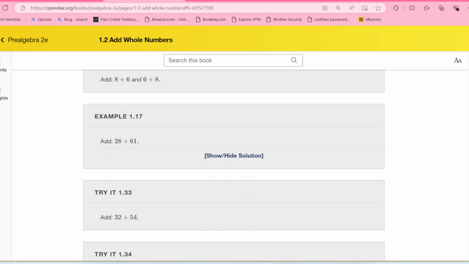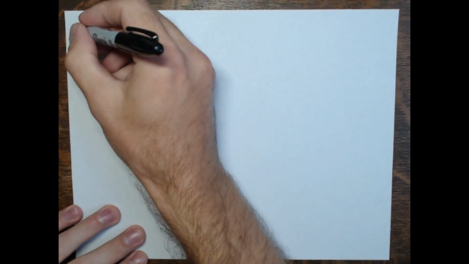All right, so example 1.17, we're asked to add 28 plus 61.